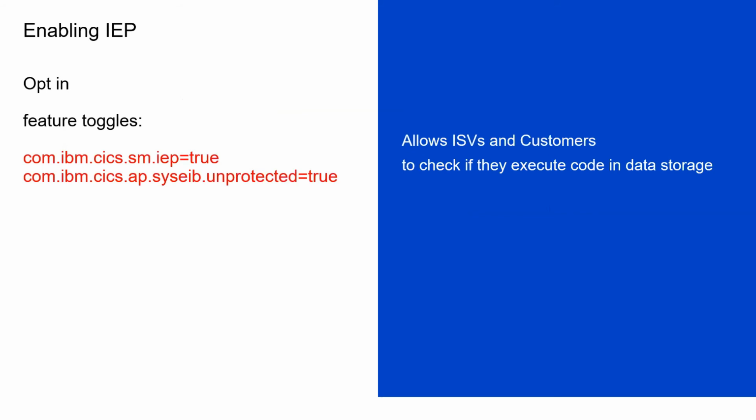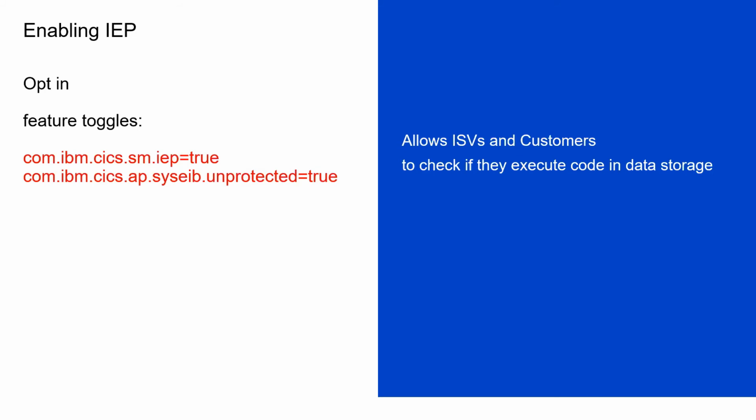Now, in the open beta release it's not intended for people to switch this on in production, when that eventually becomes a release. It's there for ISVs and also customers to test whether they've got any code which is in data storage. Because of that, this is feature toggled on via those two feature toggles.